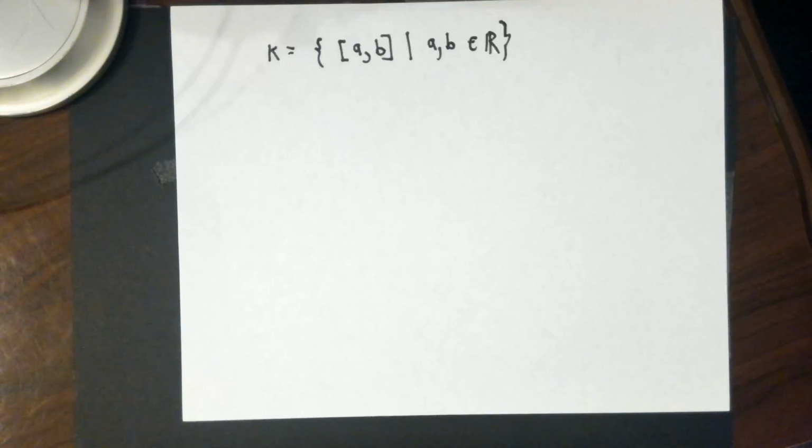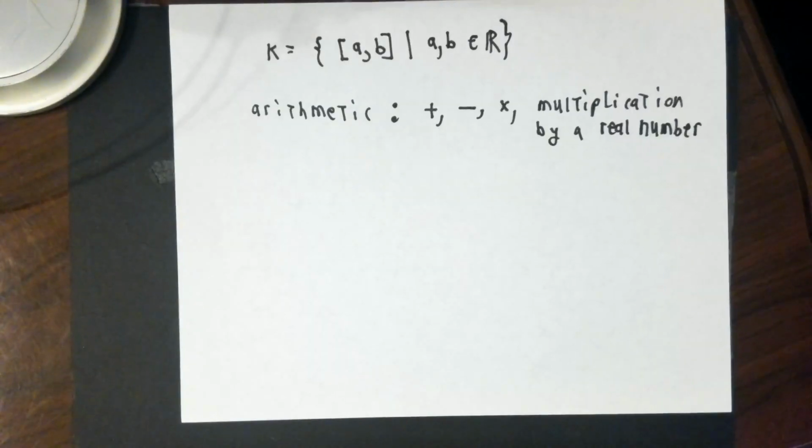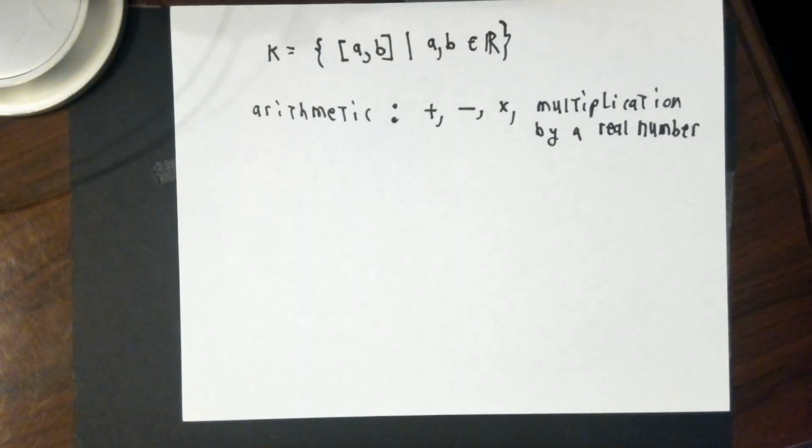To keep from getting confused about this new set of things versus the first one, instead of using parentheses, I'll use square brackets instead. Those of you who know linear algebra could think of these things as being row vectors in R2. I want to define arithmetic on these objects: addition, subtraction, multiplication, and multiplication by a real number.